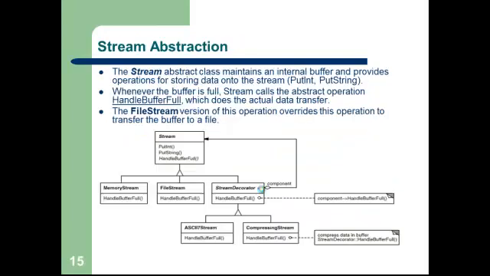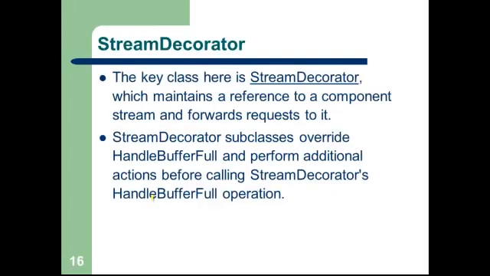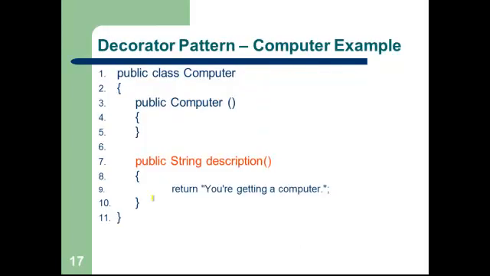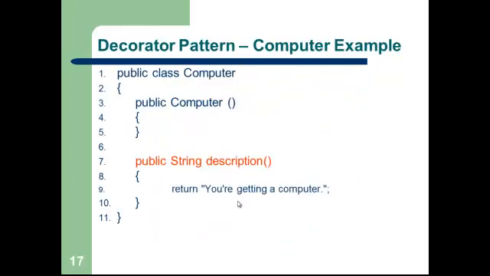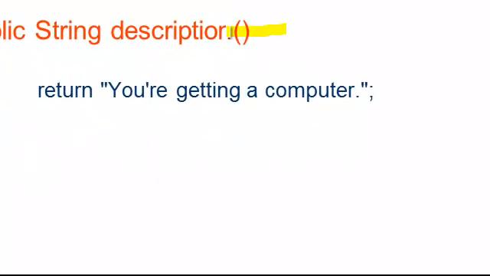Another example for you to go through in the Java library is the concept of a stream. And here's another example; let me walk you through it. It actually simplifies life. Let's say we have a computer. In the computer we have a method called description, and it says you are getting a computer.